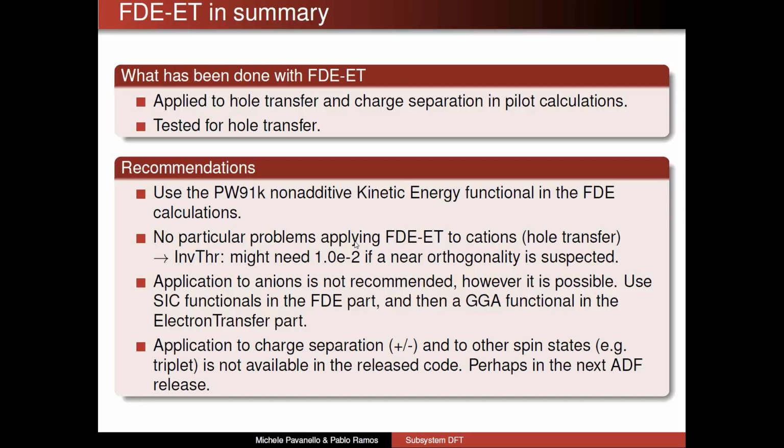There was the code that was presented in the 2014 paper with Alisa Solovieva and Johannes and myself. However, that code is not available yet to the users, but there is a good chance we might put it in the next ADF version. It is still an alpha code, so it's not been thoroughly tested yet.